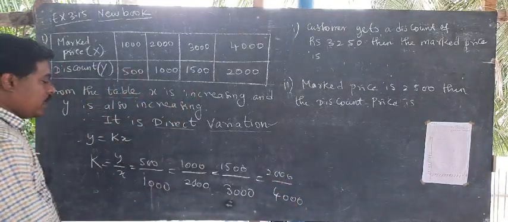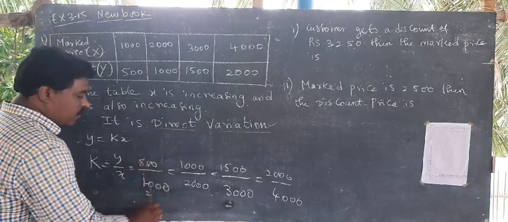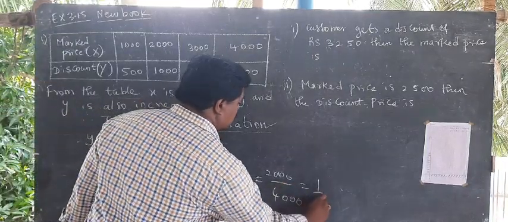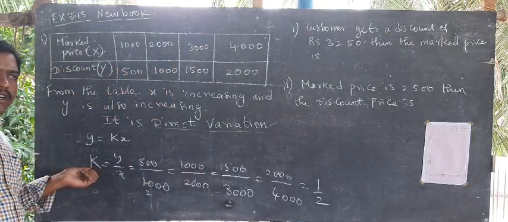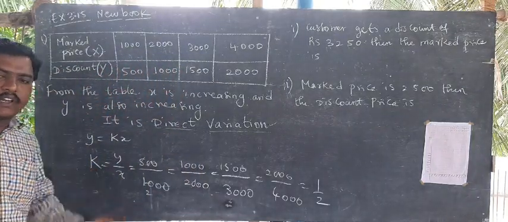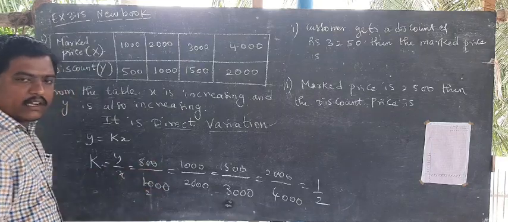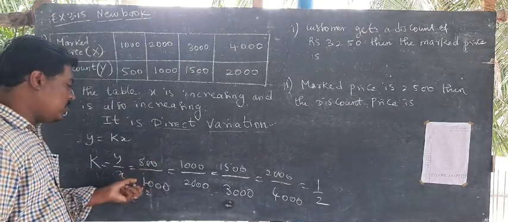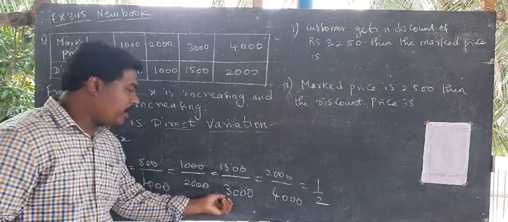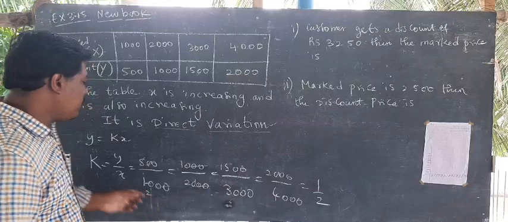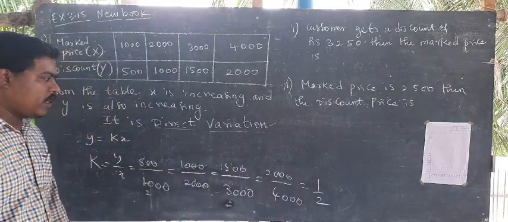By the given data, cancelling the zeros, we are getting 1 by 2. That is 1 by 2, the value for the constant k. Already I gave the introduction of direct variation and indirect variation. The constant term is the standard constant, it will not change. Here also 1 by 2, here also 1 by 2. So by the given data, the constant value we are getting is 1 by 2.